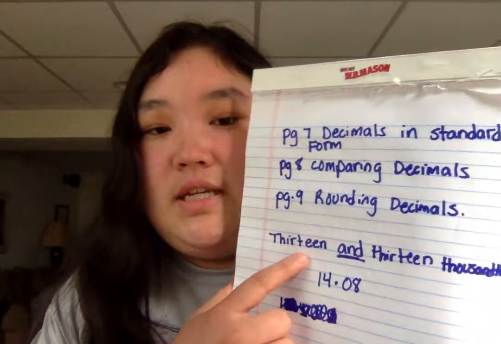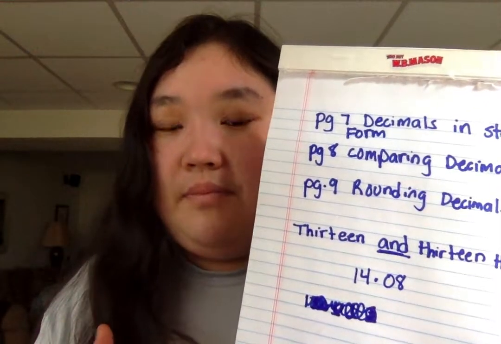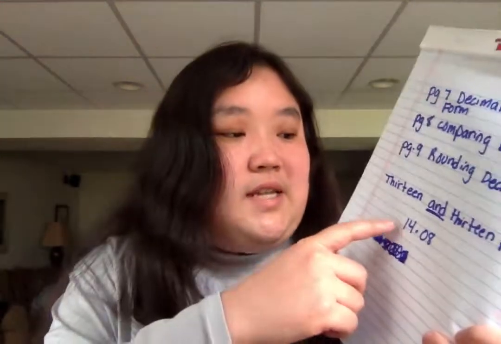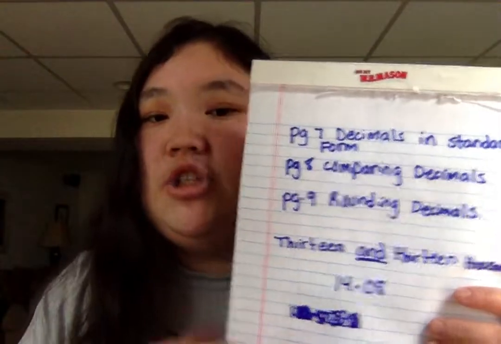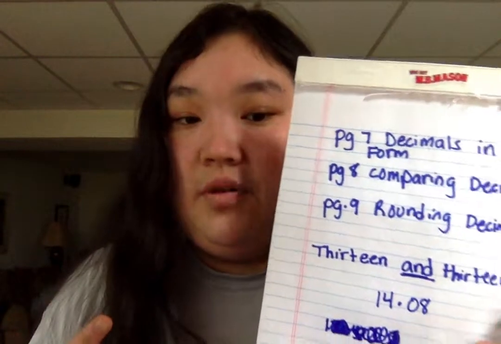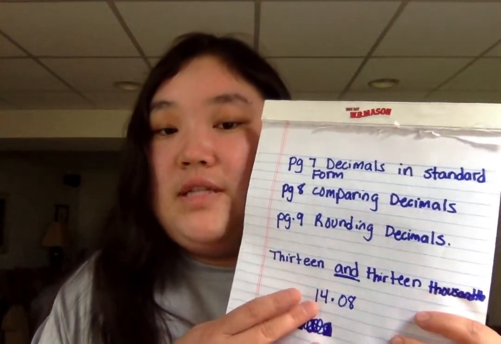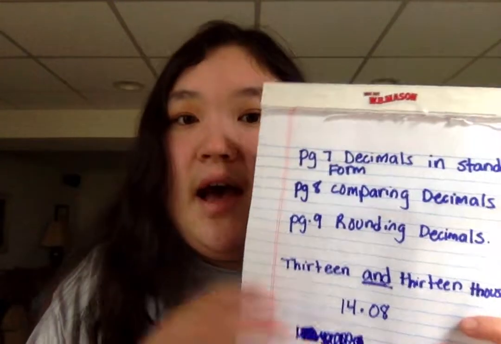Okay, so I wrote down the problem here, 13 and 13 thousandths. For example, I put down an example of 14.08 to show you what it would look like in number form or standard form. If I were to write this example out, 14.08, I would write it like this.